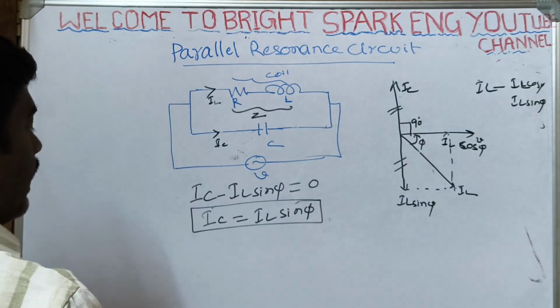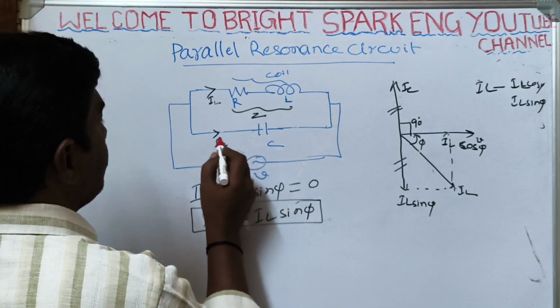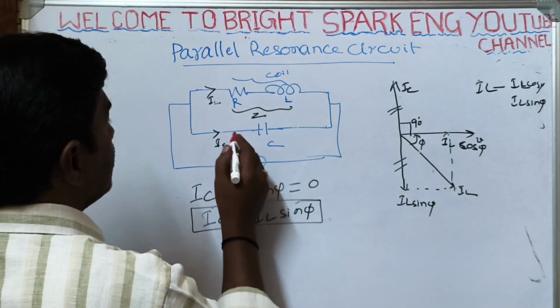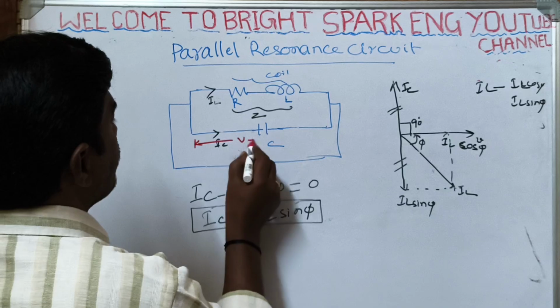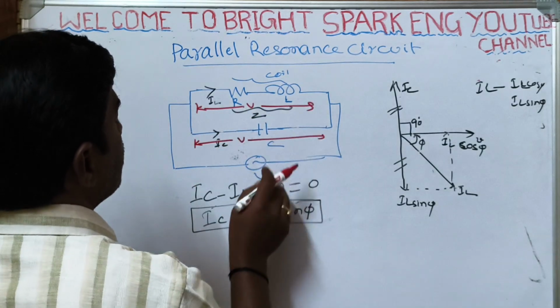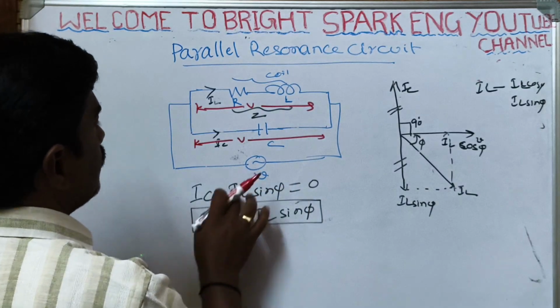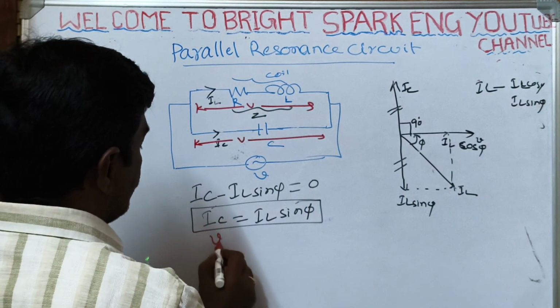Here, as for the equation, IC is the flow of current in the capacitor. In parallel circuits, in each parallel branch, the voltage is the same as the supply voltage. That's why IC is equal to V by XC.